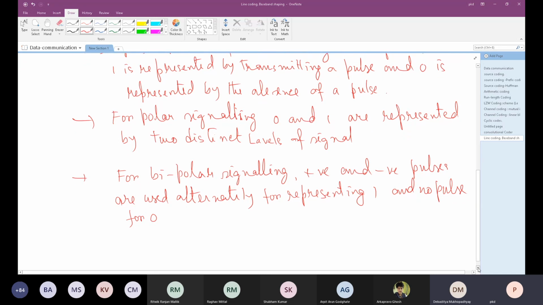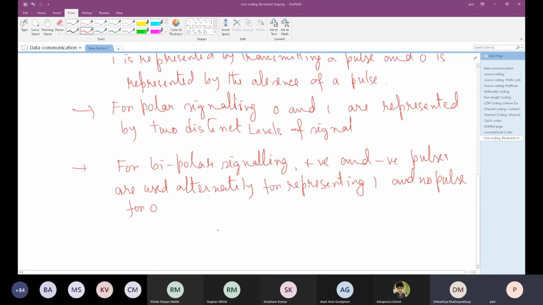In some signaling formats, this is also done to enable clock sensing, because ultimately the digital data can be read correctly based on the clock. Of course, nowadays all that information is coded in the header, and accordingly the clock can be set. In earlier days, that was not there, so there used to be a clock sensing mechanism at the other end.